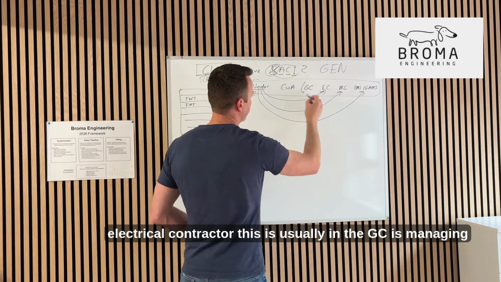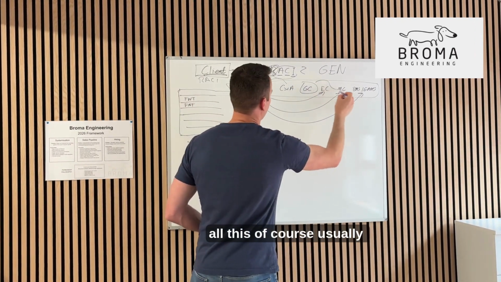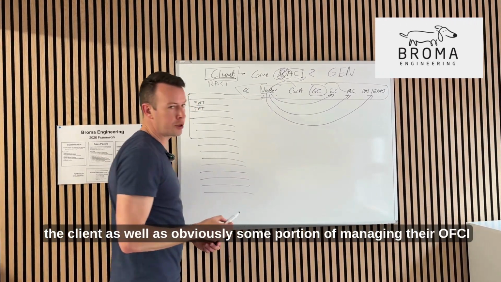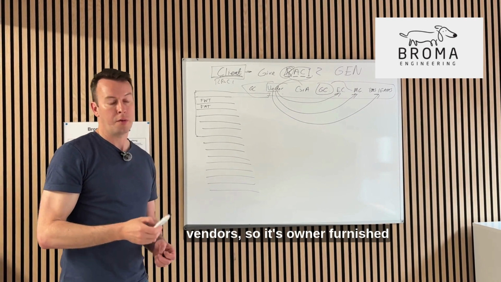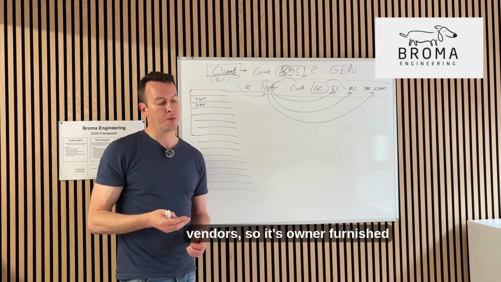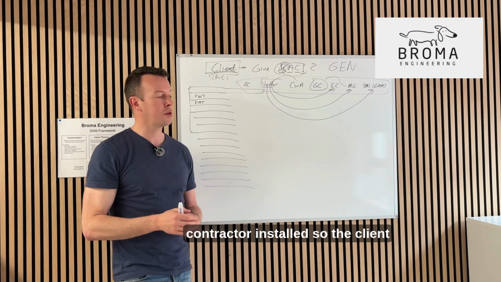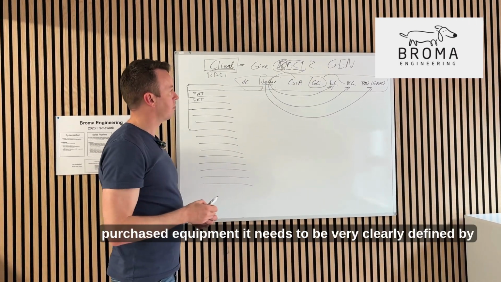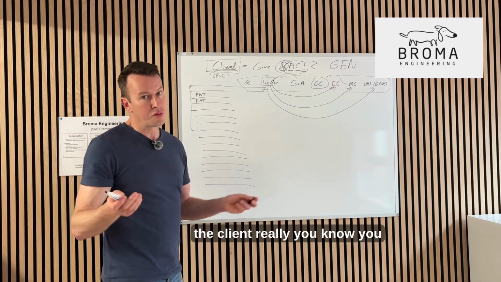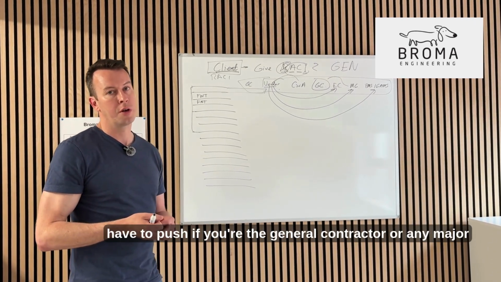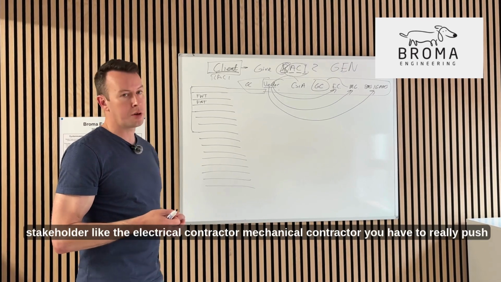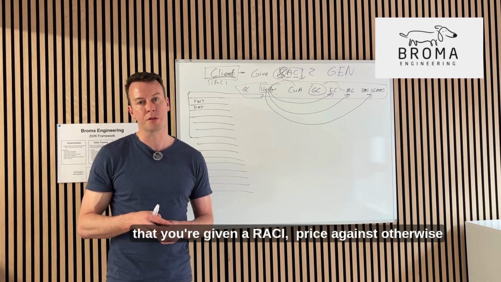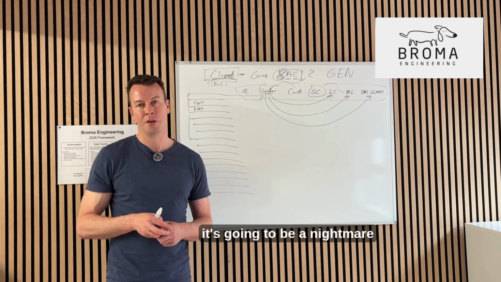The GC is managing all this, of course, usually. The client as well has some portion in managing their OFCI vendors. So it's owner furnished, contractor installed. The client purchased equipment needs to be very clearly defined by the client, really. You have to push, if you're a general contractor or any major stakeholder like the electrical contractor or mechanical contractor, that you're given a RACI to price against. Otherwise, it's going to be a nightmare.